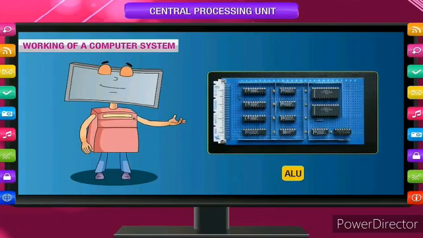When required, the data is sent to the ALU and calculations are made as stored in the program. Moreover, after calculations, when and where to store the output is also decided by the CU.